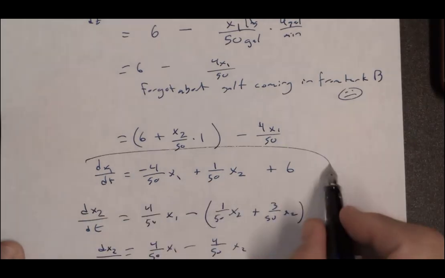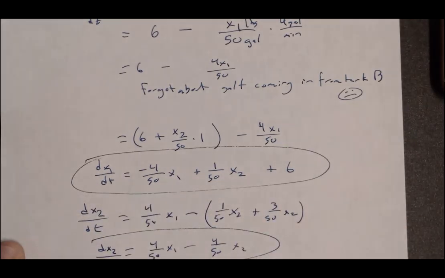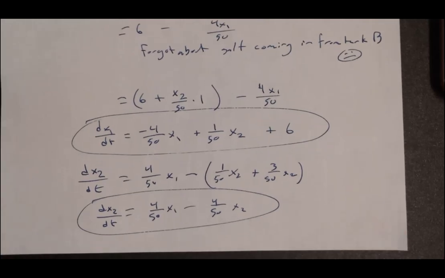And now I have 2 equations, which are both linear in x1 and x2 and t. And if I can figure out how to solve this, you can eventually tell me what will happen in the long term for the amount of salt in each tank.